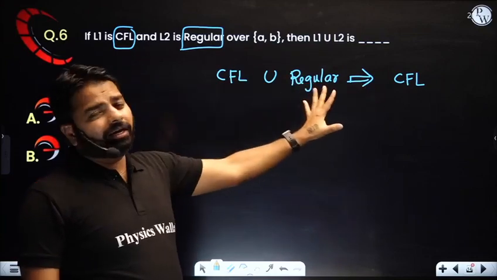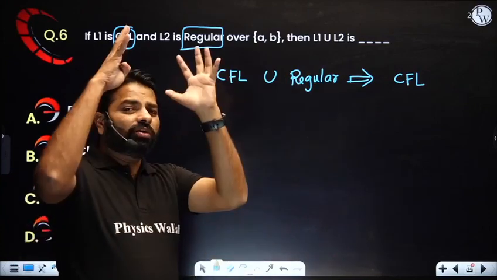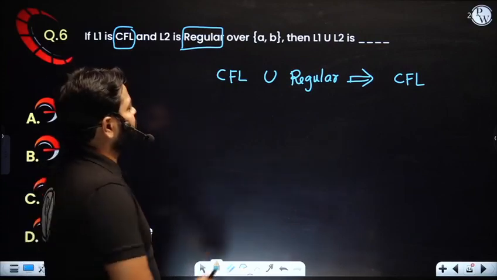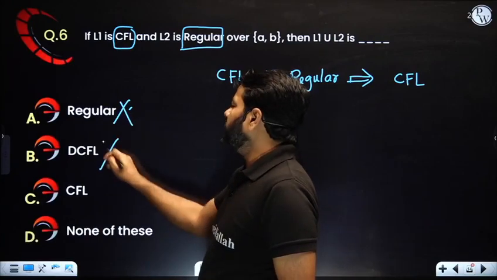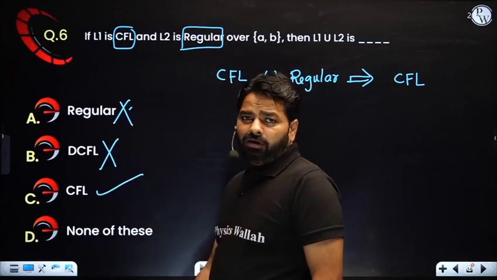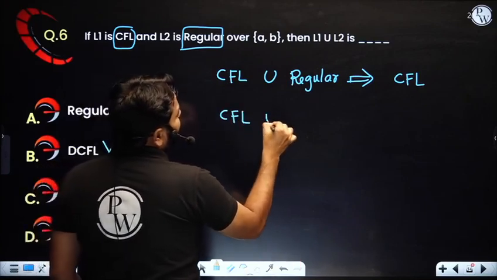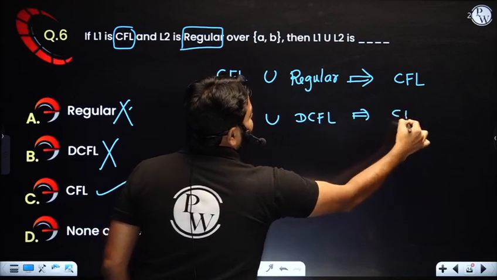So theoretically you can always answer CFL, but when an example is given, you should know where it stands within the CFL class. By looking at this, you can't answer regular or DCFL, but you go to CFL. But also look at other statements that you have already done. CFL union DCFL, what is it? Just now we have seen it's a CFL.